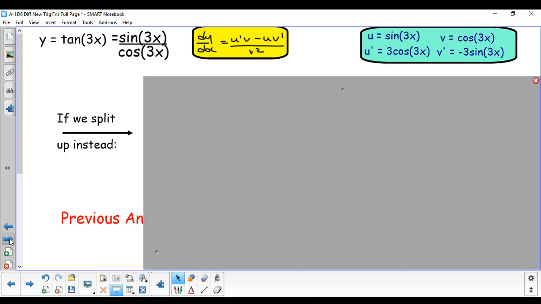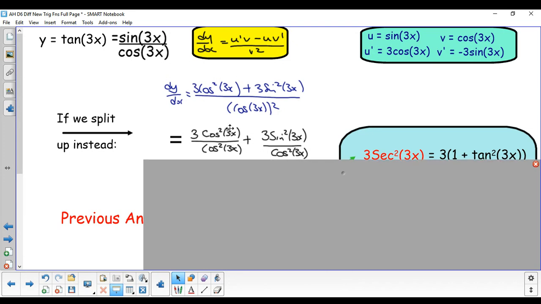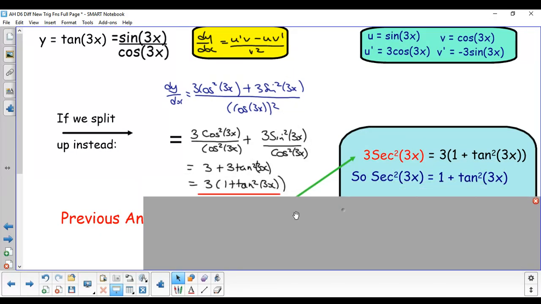Another rule that can develop from this is if you split it. So from that stage there that we have just did u dash v minus uv dash over v squared, if I split it, so it's 3 cos squared 3x over cos squared 3x and sine squared over the cos squared separately, then you'll see they go down to 1, which is 3, and these go down to tan squared. So that is 3 tan squared 3x, which has a common factor of 3.